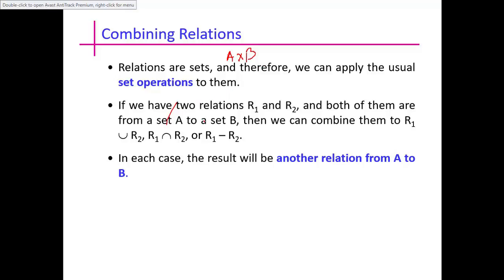So given two relations R1 and R2 from set A to set B, we can combine them: we can take the union of these two, and also the intersection, and we can also subtract them. So the resulting new relations will be some other relation from A to B.